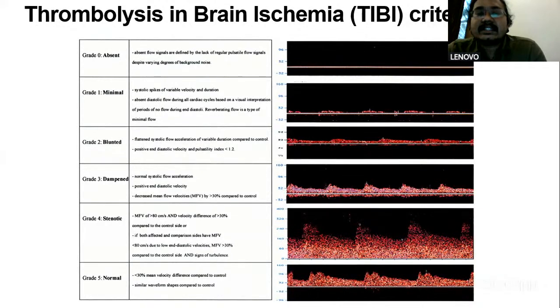Now, if the velocities have improved, then the thrombolysis has worked and the patient would have a good outcome. So from grade 0 to grade 5, as the grade increases, the flows will be normalized. Say if there is a grade 1 at baseline, and if it has increased to grade 4, then there would be a good prognosis with the thrombolysis. This criteria is for traditional TCD.